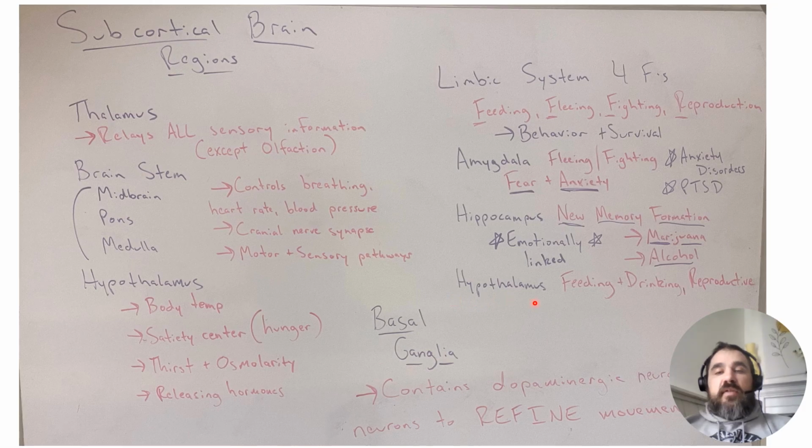So the hypothalamus deals with feeding, right? And thirst, we already talked about that on the left. Reproductive behavior: remember, you go through puberty, you get a spike in gonadotropin releasing hormone. That stimulates the anterior pituitary to release two hormones, luteinizing hormone and follicle stimulating hormone. Those travel to the gonads, ovaries in females, testicles in males, and increase sex hormone production.